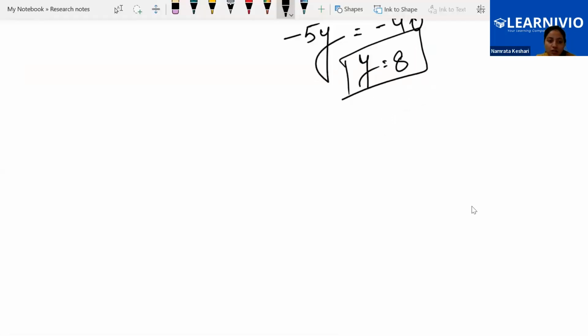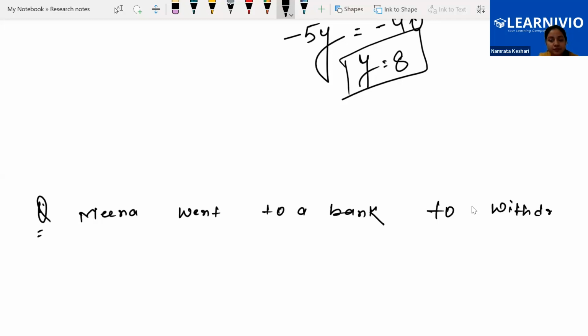Now one question is there. I'm taking this question. We need a few minutes for the explanation of this one. However, I am giving you the hint how to solve this type of question. Please do try. Let me write the question first. It is from your exercise only. Meena went to a bank to withdraw rupees 2000.